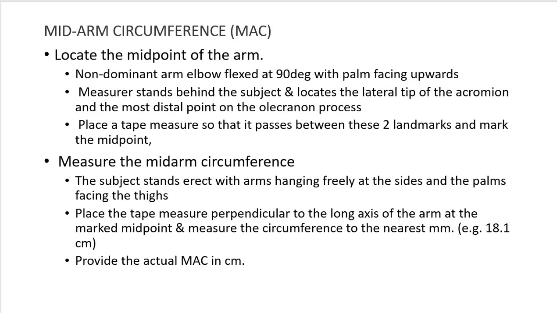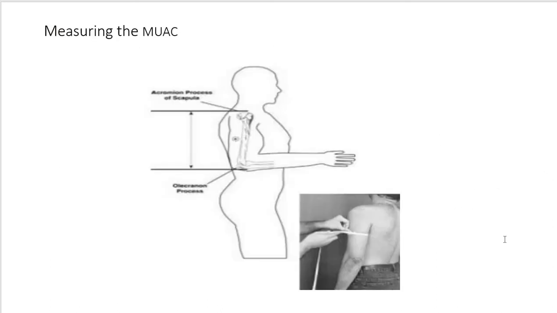Then the measurer stands behind the subject and locates the lateral tip of the acromion and the most distal point on the olecranon process. Acromion here means the shoulder bone, and olecranon is the elbow bone.